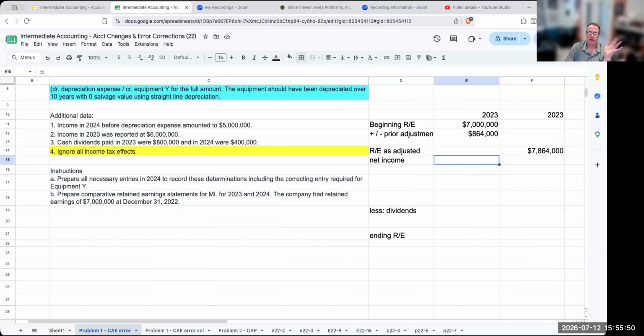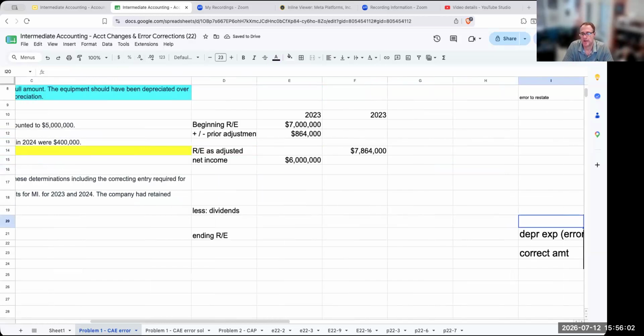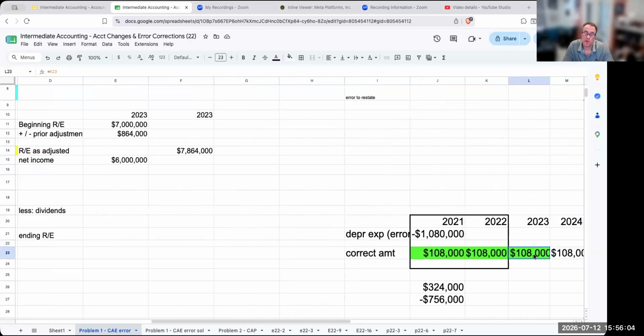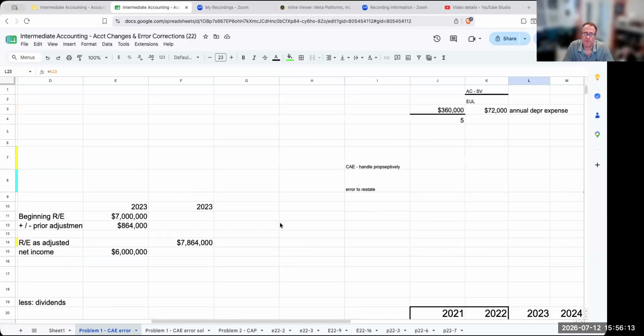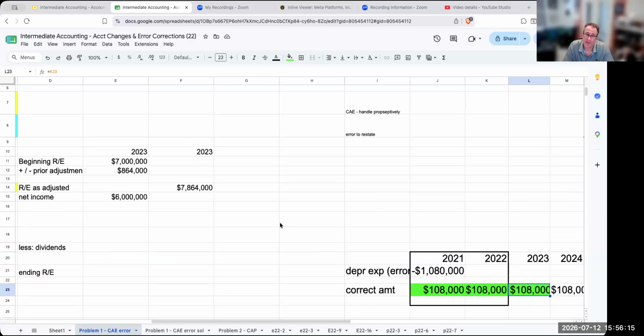Okay. Now, what is my net income? It told me over here that my net income in 2023 was reported at 6 million. However, for 2023, what I should have done is take another 108,000 worth of depreciation expense. Remember, for equipment X, I don't do anything because we are handling that prospectively.